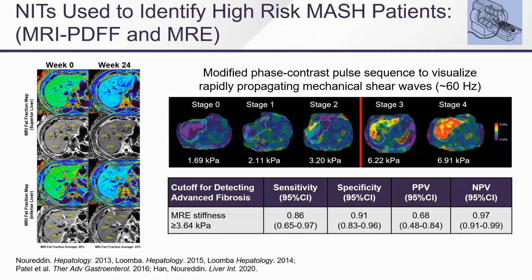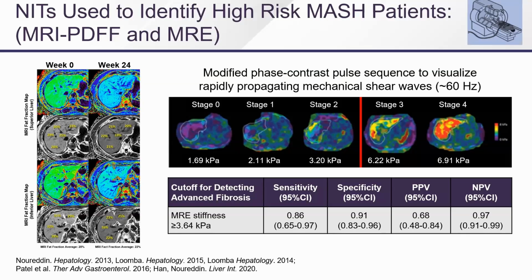Moving on to more sophisticated NITs, we have MRI PDFF and MRE. So MRE is basically MR-based elastography. So very similar concept to what we've discussed in terms of the VCTE, but with the MRE, you look at the entire liver.